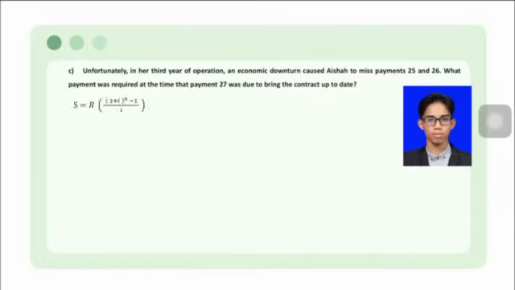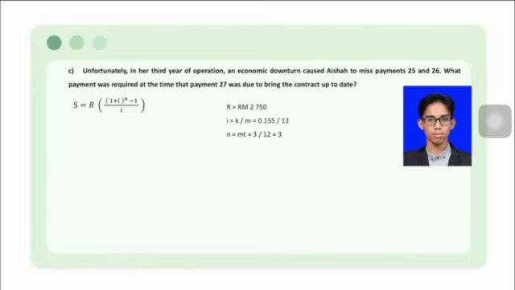The question 1C, we use the formula for the amount of annuity, that's S equals R, ((1 plus i) to the power of n, minus 1) divided by i. We'll take the amount of R, that is 2750, and i we will get from the question, that is the percentage 0.155 divided by 12, because the amount is compounded monthly.